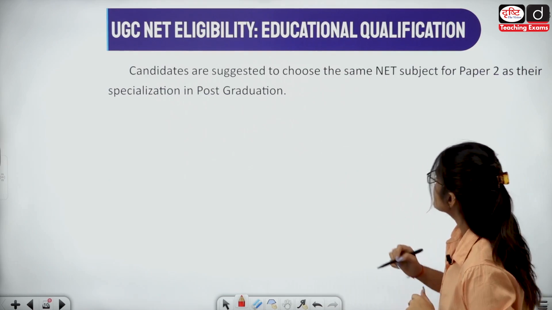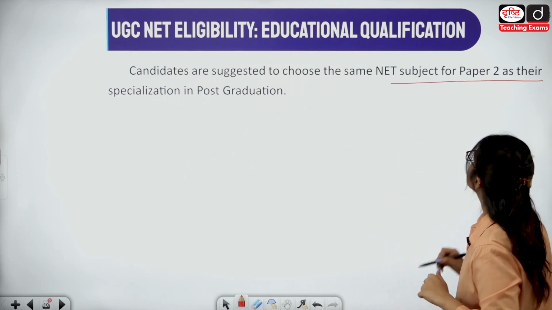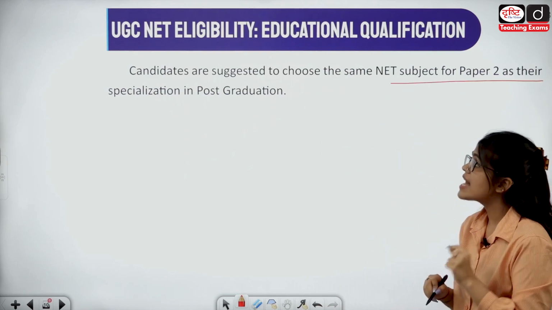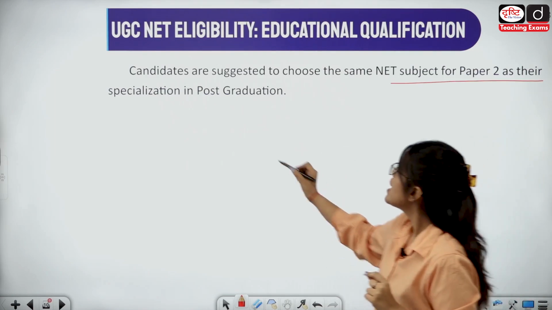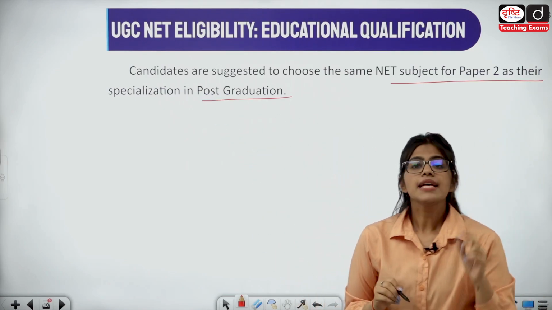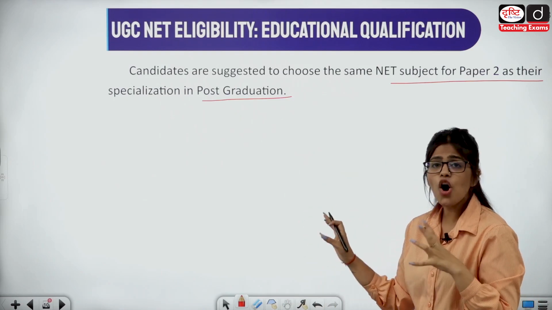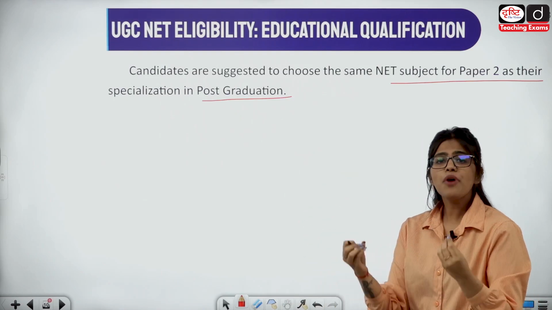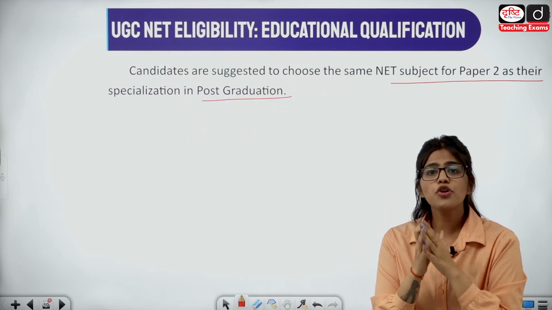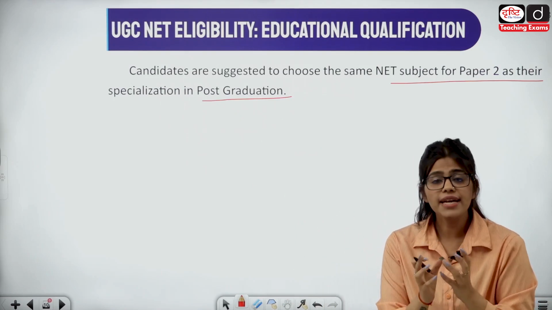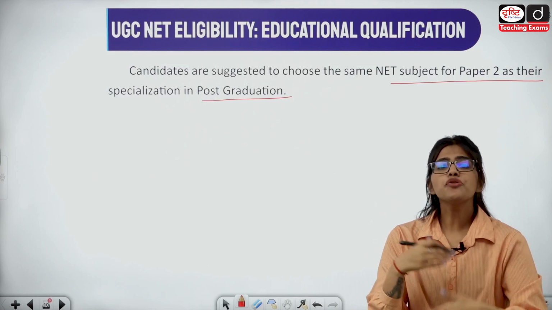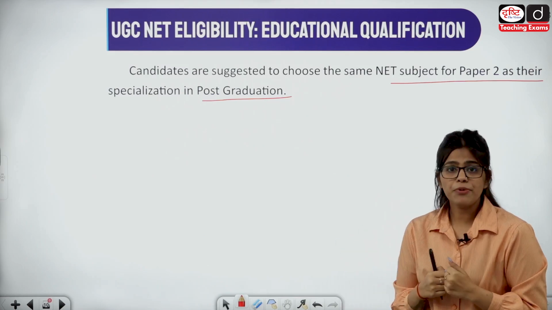Candidates are also advised to choose the same NET subject for paper 2 as their specialization in post-graduation. This means that if your subject in your master's was English literature, then it is advisable to take that as your paper 2.